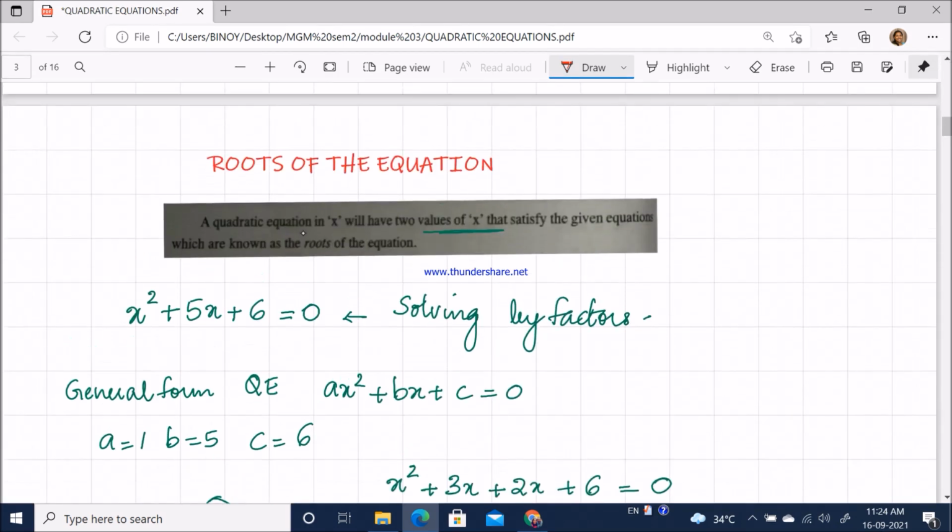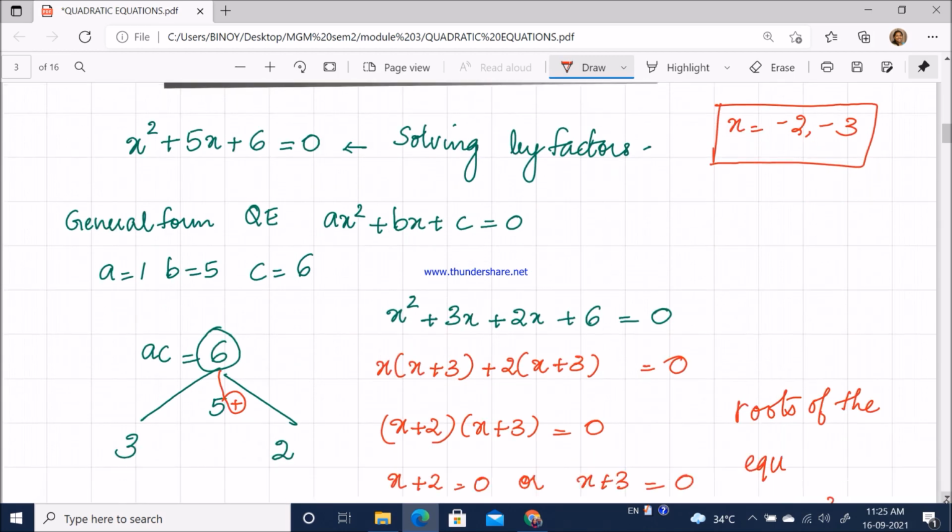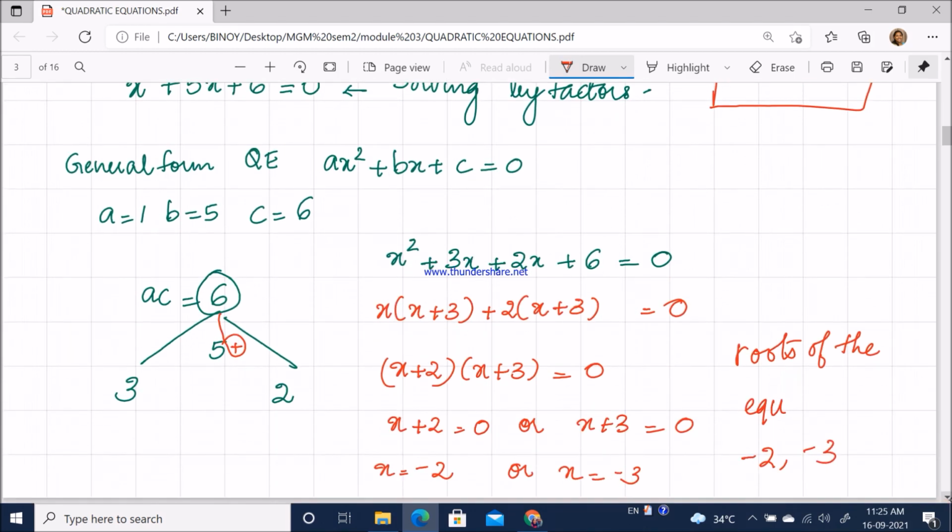So root of an equation means a quadratic equation in x which will have two values. Here x has the values minus 2 and minus 3, and these are considered as the roots of the equation. This is solved by using factors, or you can use the formula.